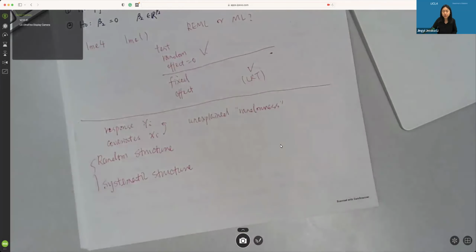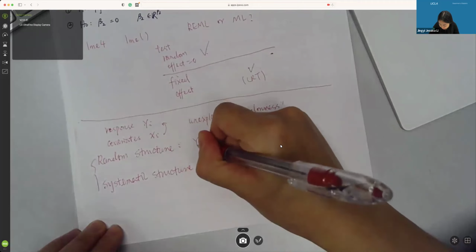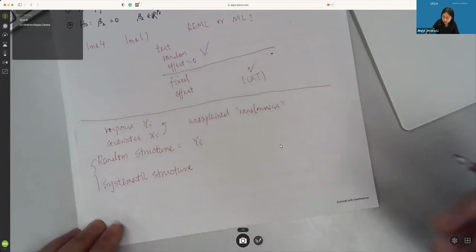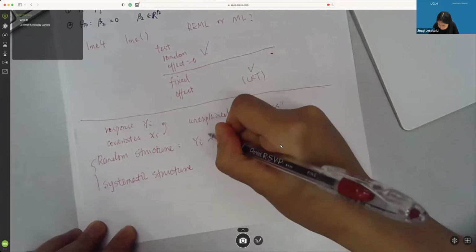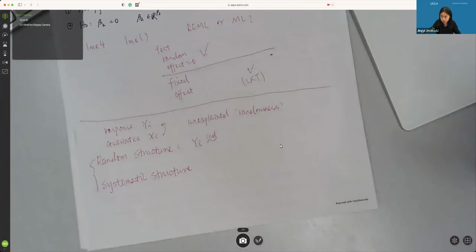So for the random structure, what we want to say is that the things we can predict from covariates is what we think as the signal or the true value or the mean of yi. And we call that μi. So specifically, we assume that yi are independently following some distribution.